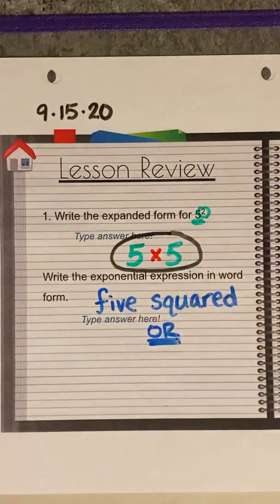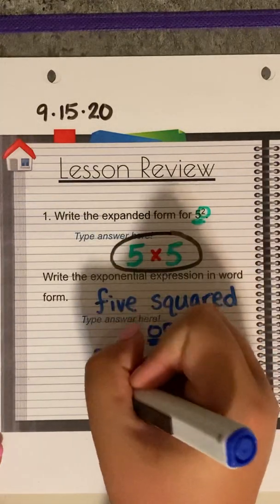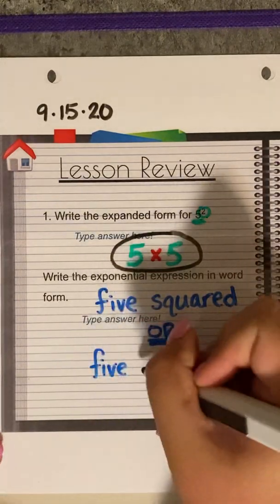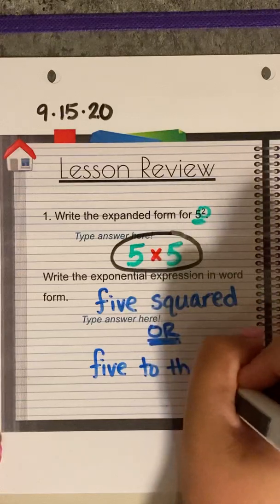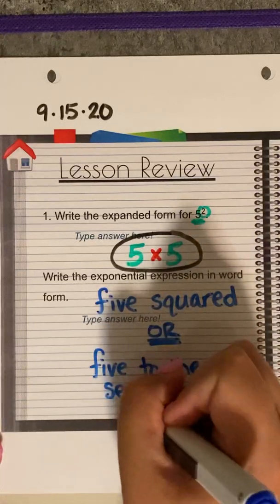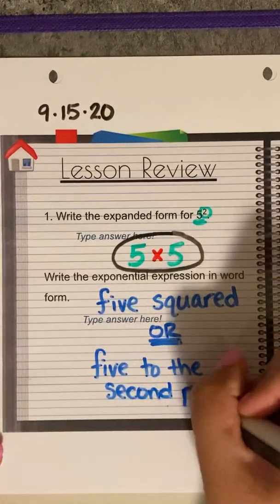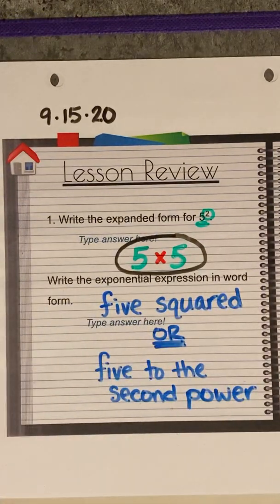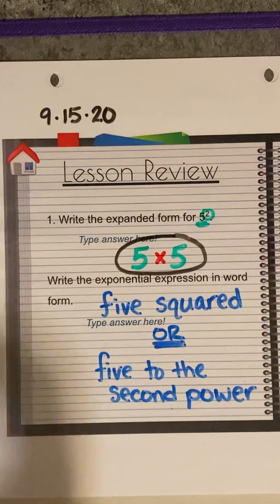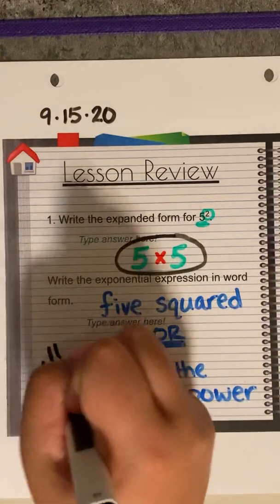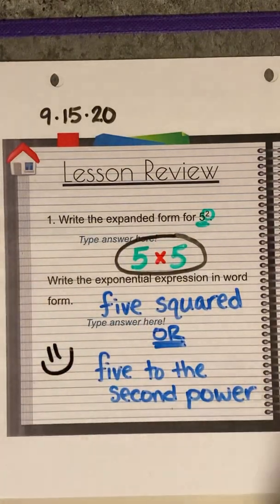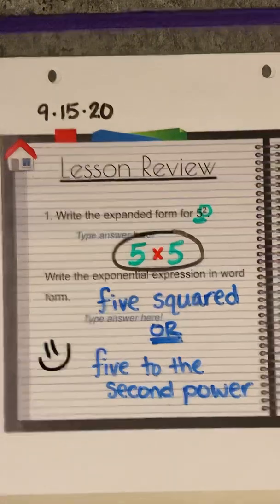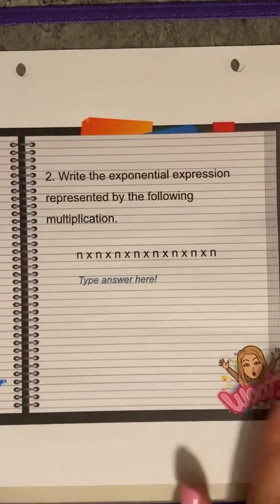Or 5 squared is also 5 to the second power. Woohoo! We did it. I'm going to give you all a very nice smiley face right here. All right, let's go to number 2 on the next side of the page.